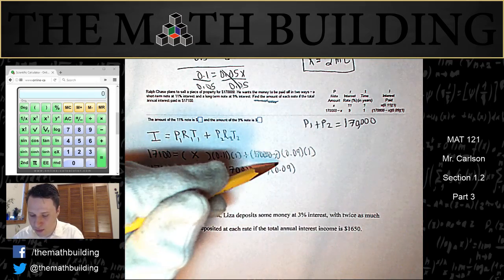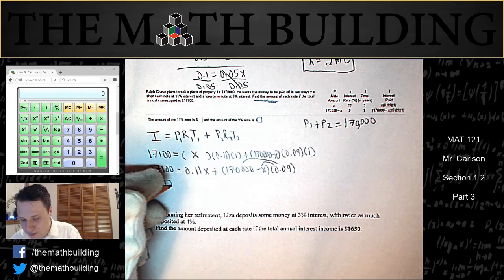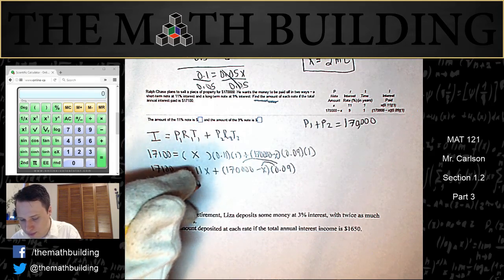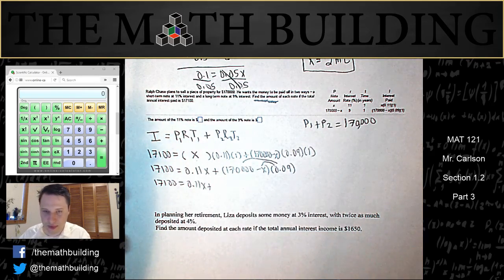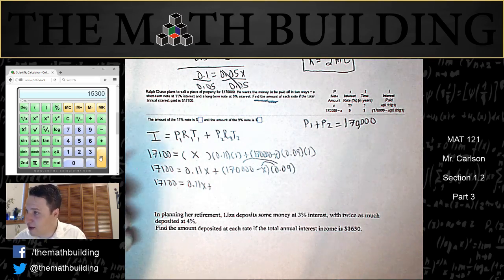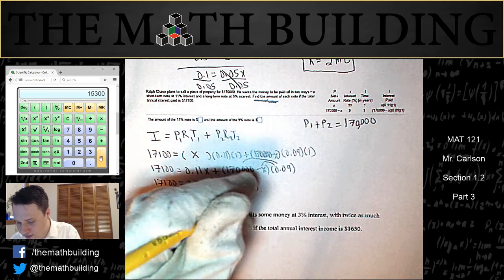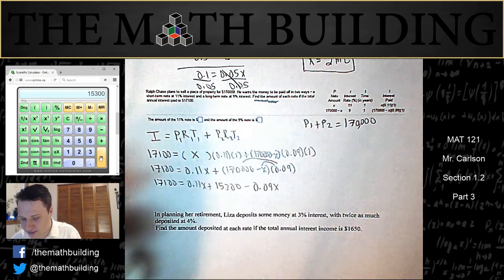So as you can imagine, we're going to do the distributive property right here. So 17100 equals 0.11x plus, let's do it, 0.09 times 170,000, 15300, minus 0.09x.